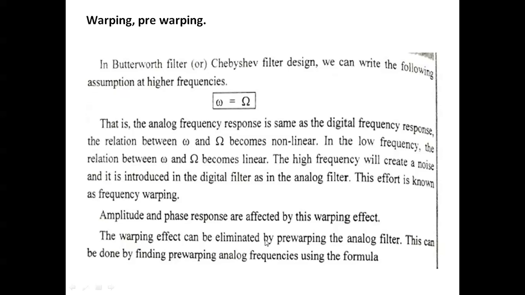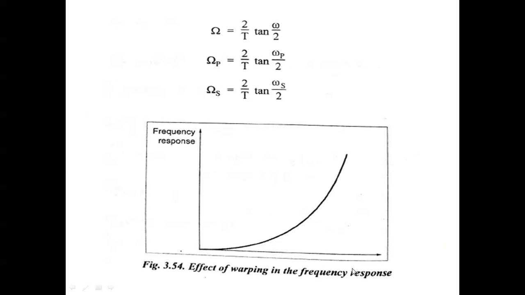So the warping effect can be eliminated by pre-warping the analog filter. This can be done by finding the pre-warping analog frequency using the formula. So warping is prevented by pre-warping. Use the formula and they will avoid the warping.